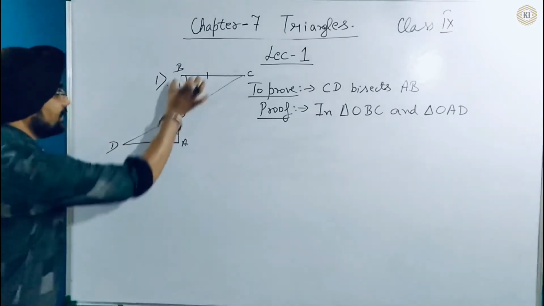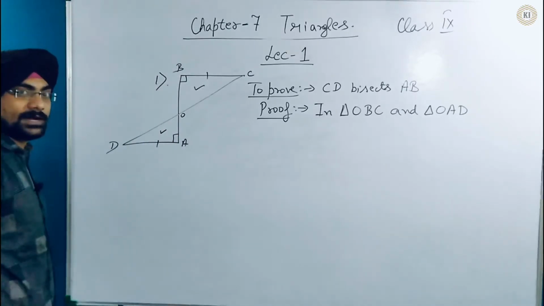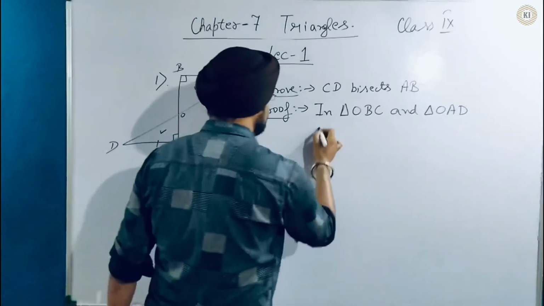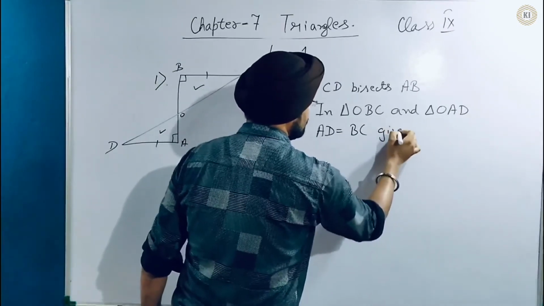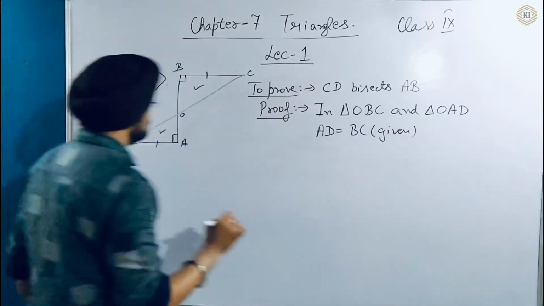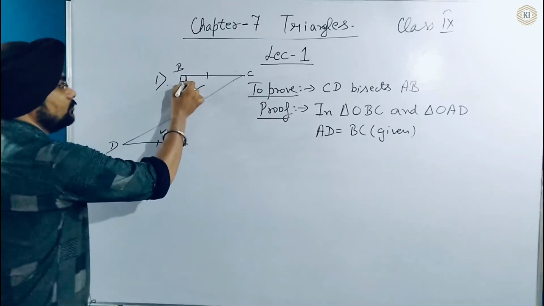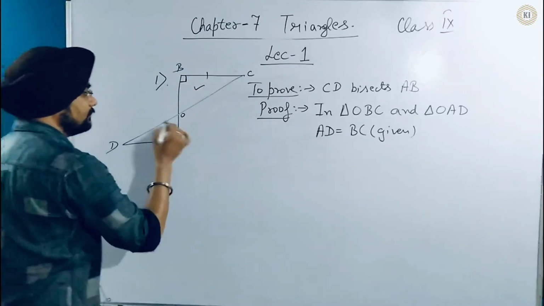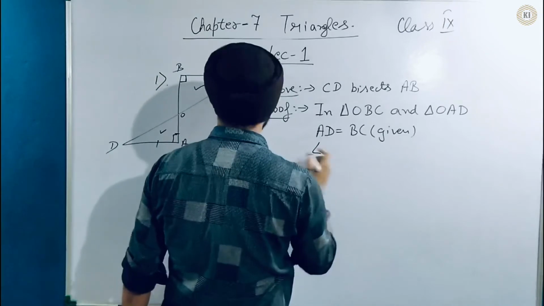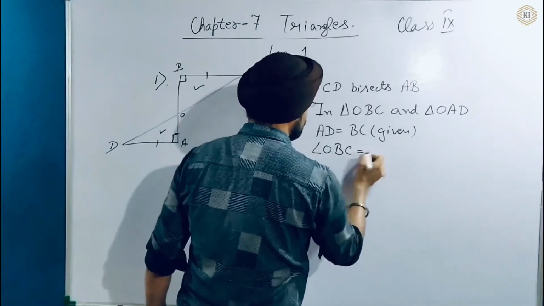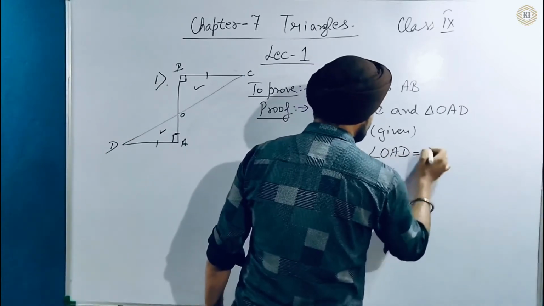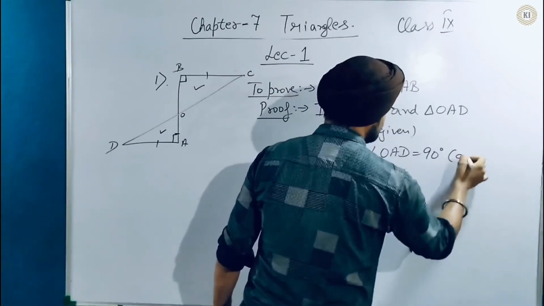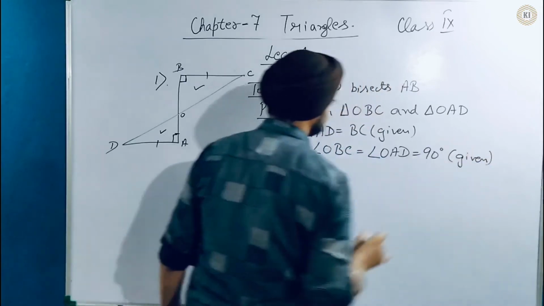AD and BC, both are marked equal. So we can write here AD is equal to BC. Reason: given. Second, you can see that these two are 90 degrees. So we can write angle OBC is equal to angle OAD is equal to 90 degrees, that is given.